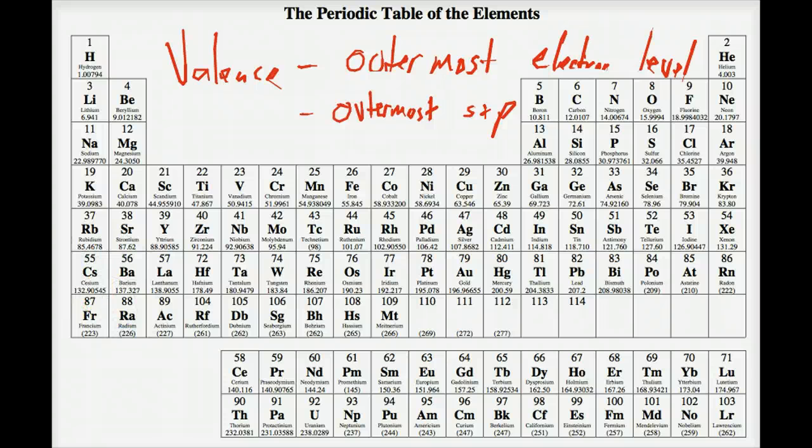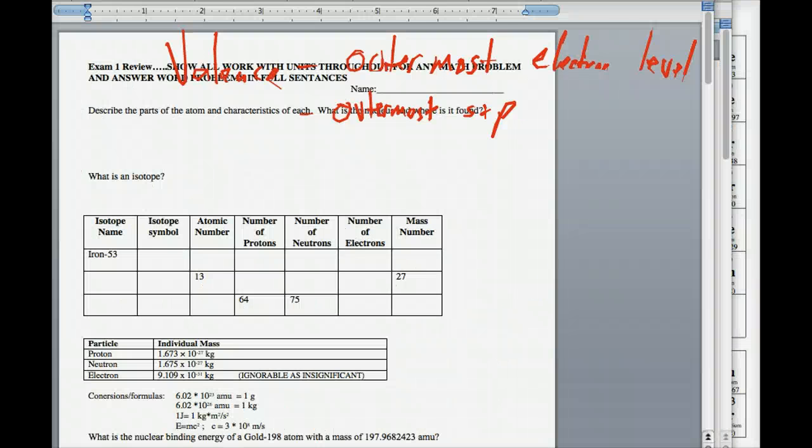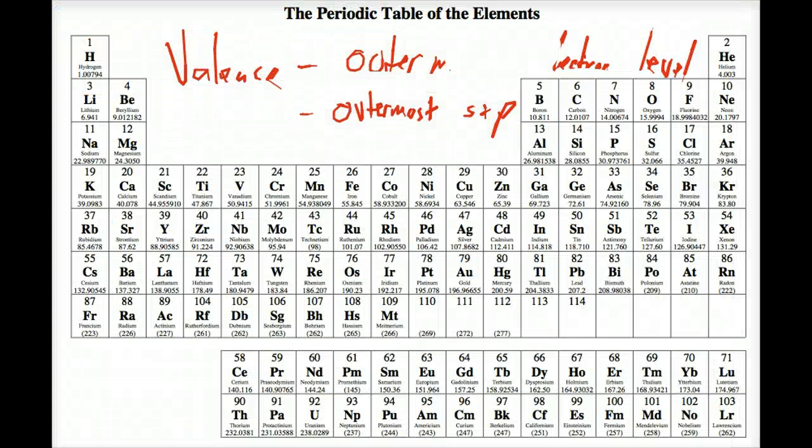If I pick something on the other end of the periodic table, bromine would have 1, 2, 3, 4, 5, 6, 7. Note that I'm skipping the middle because it doesn't matter. They're not in the valence. The D's not in the valence. So bromine would have 7.